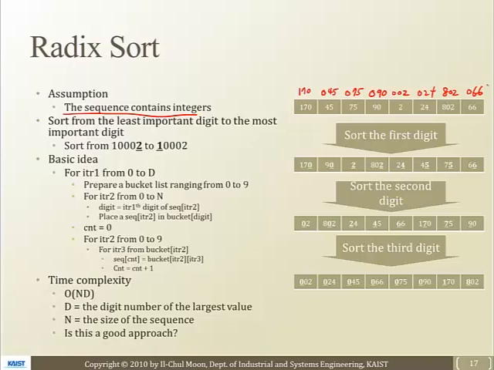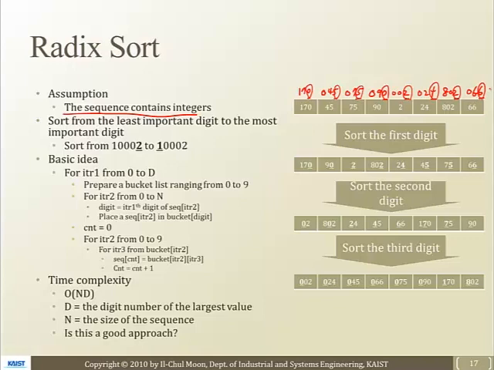And then what happens next is that we are going to look at the lowest decimal values, the first decimal values. That's 0, that's 5, that's 5, that's 0, 2, 4, 0, 2, 6. And what we are going to do is sort based only upon this last digit.